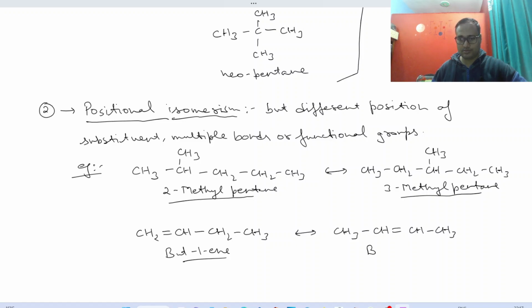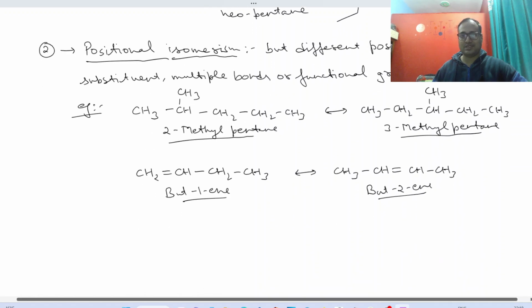This will be but-2-ene. So these are positional isomers in which the position of the multiple bond is different. One of the molecules has it at the first carbon atom, and the second molecule has the multiple bond starting from the second carbon atom.